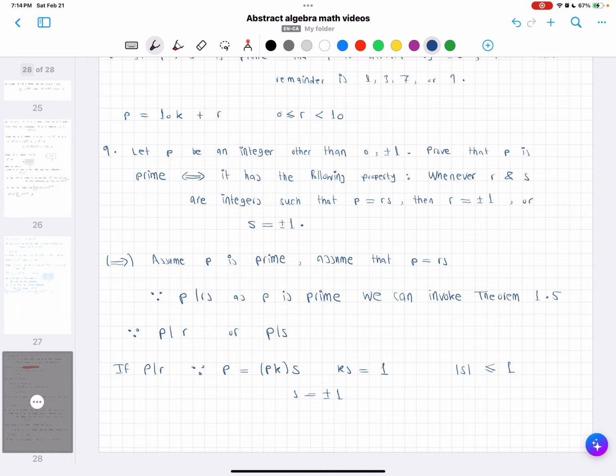And by a similar argument, if P divides S, then R is equal to plus or minus 1.